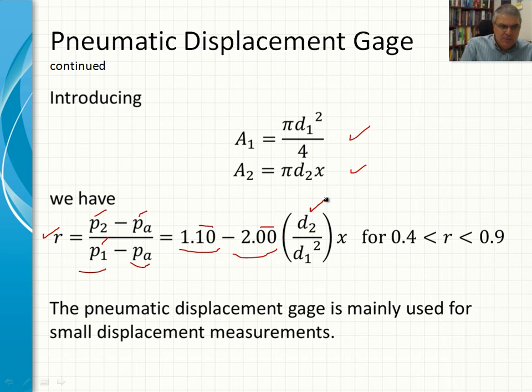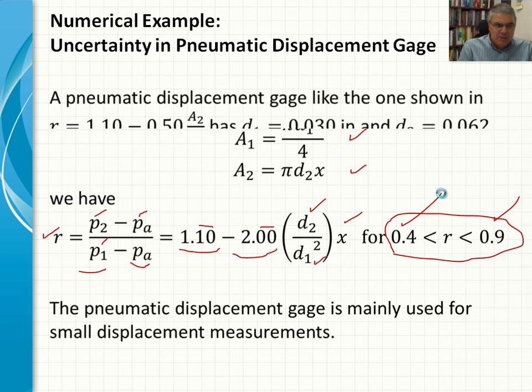And then d sub 2 is the diameter of the second orifice, and d1 is the diameter of the first one squared. So this is d1 squared multiplied by x, and this is valid for this particular range. Again, the upper bound would be 0.9 and the lower bound would be 0.4. So the pneumatic displacement gauge is mainly used for small displacement measures.